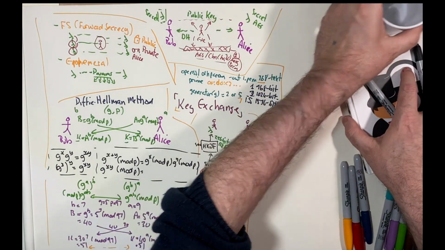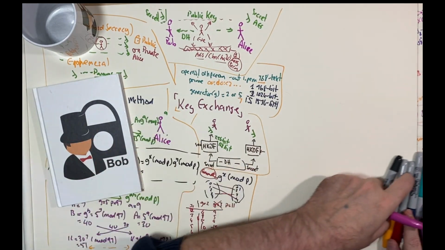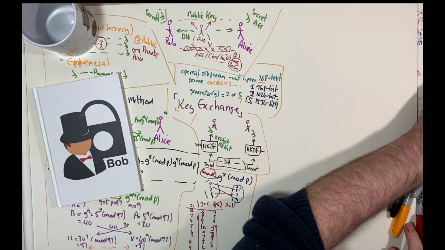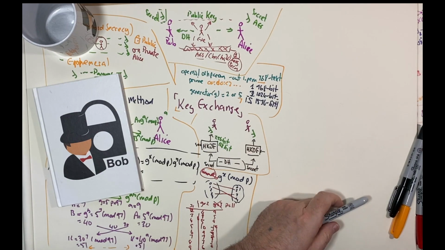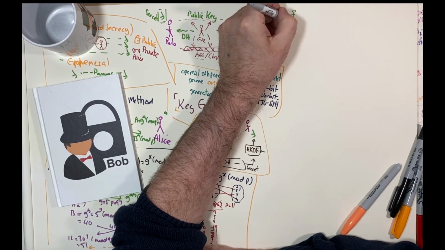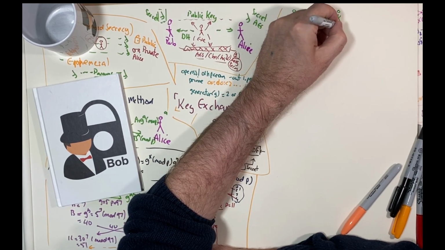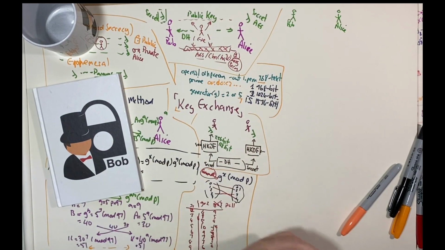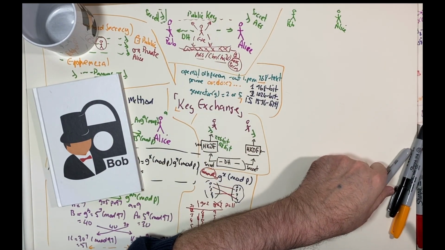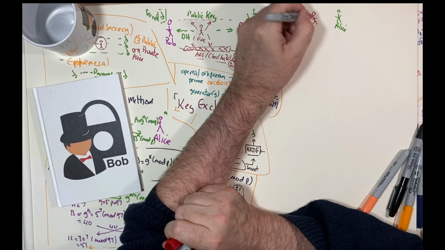The weakness of the Diffie-Hellman method, though, is Eve in the middle. So we have Bob and Alice, but unfortunately, we have Eve right in the middle of the communications.